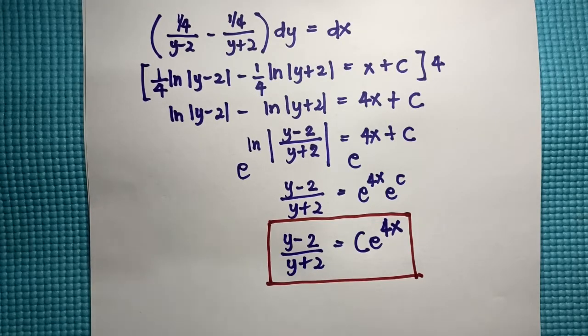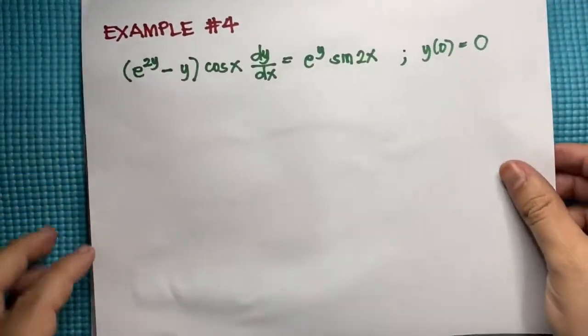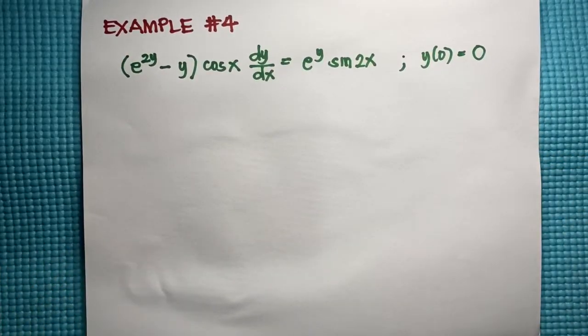Now let's have another example, but this time it employs trigonometric functions. An example would be this one, and at the same time, it's an initial value problem. e raised to 2y minus y cosine x dy over dx is equal to e raised to y sine 2x, and when x is 0, y is 0 as well.